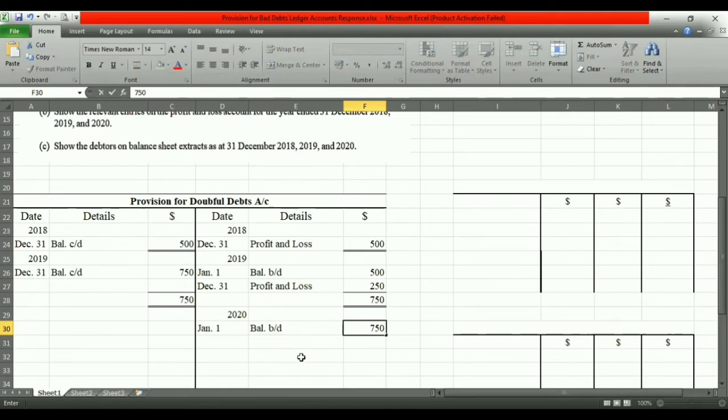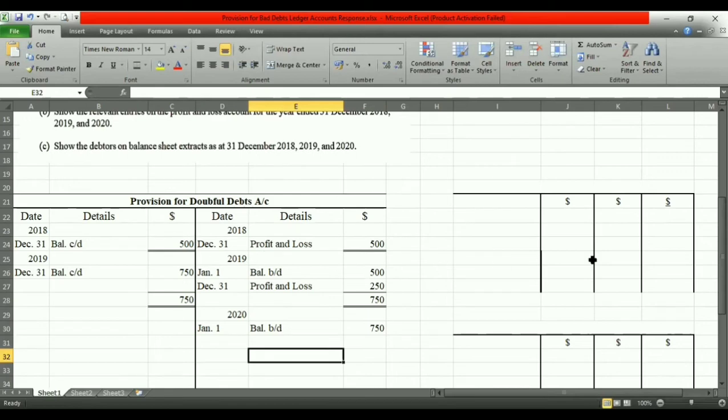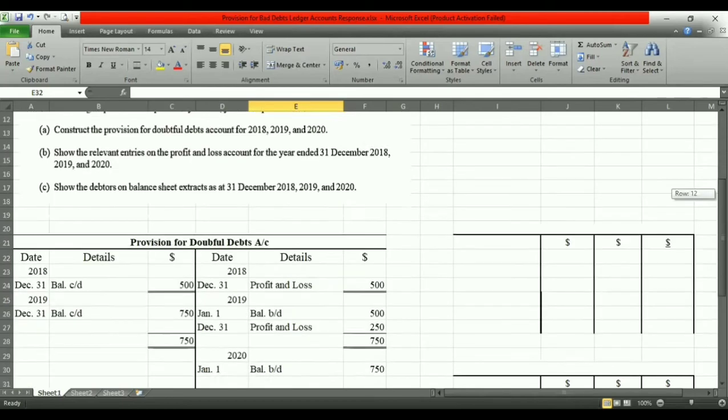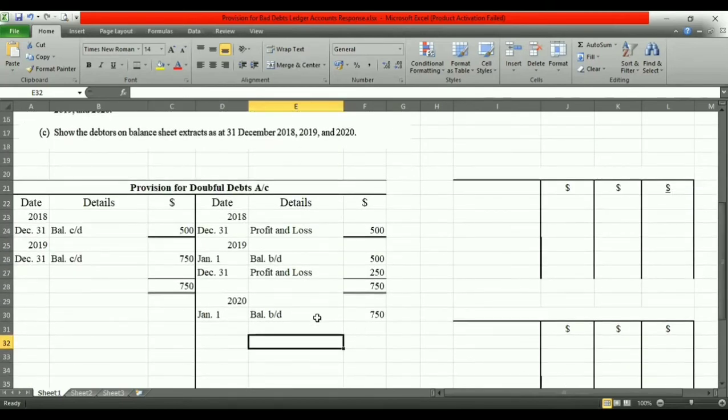Now, notice that the balance brought down coming out of 2018, if you look at your workings, is 500, and your workings reflected that based on what you have calculated, your provision balance for 2018 is 500. Or provision balance based on calculation for 2019 is 750. Do we have that in our account? Yes, we do. So whatever your calculation is, your balance brought down should reflect that.